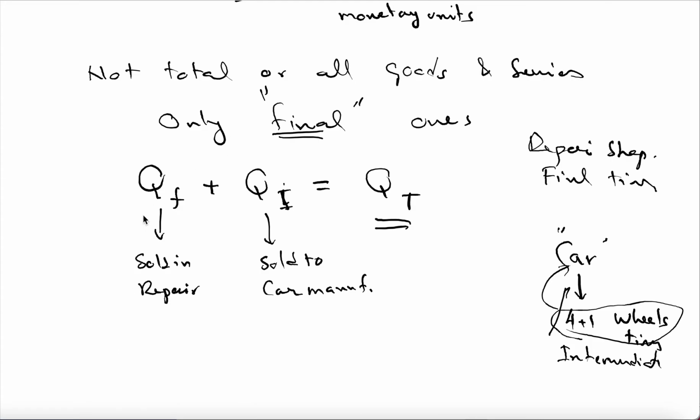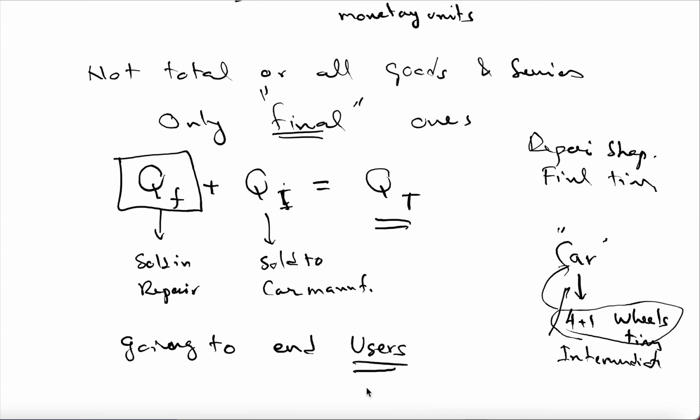When you're measuring the GDP, you have to use the ones going to end users, usually families or households. So the final goods and services which are bought by the end users should be counted in the GDP, not the total one. So it is specifically mentioned.